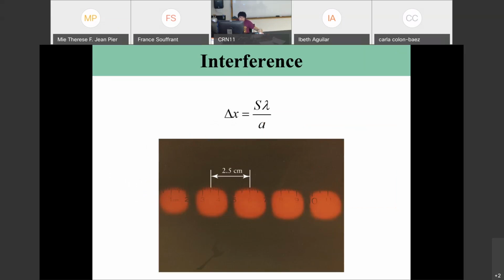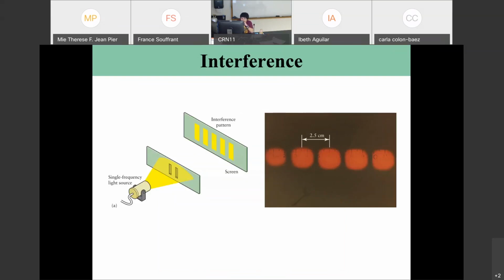Now, it's just trigonometry. If you want to see here, there's an angle here. The distance between the slits is this. So you have like a triangle here.